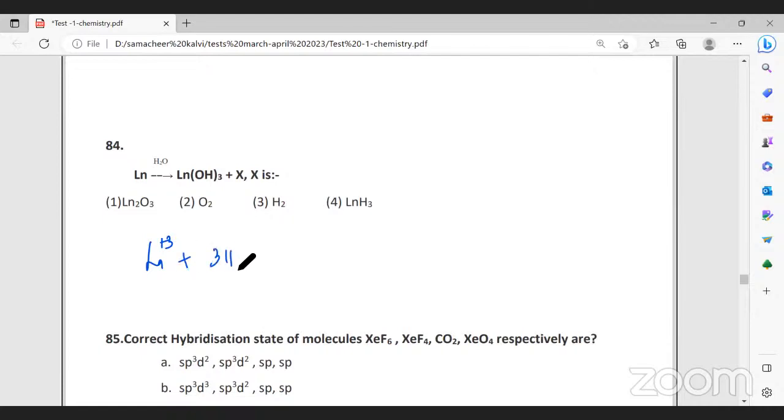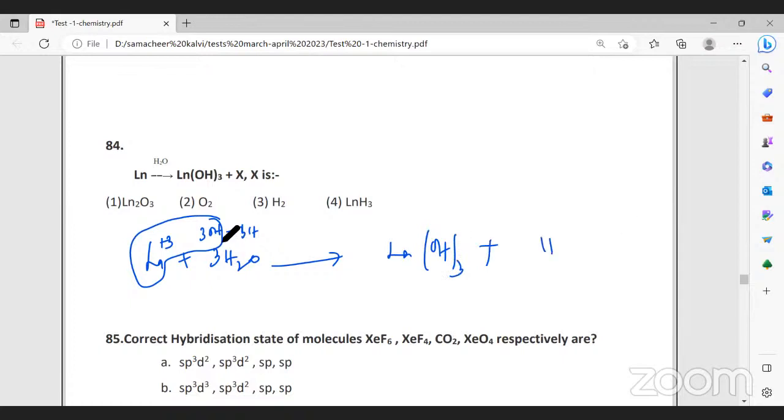When this is allowed to react with 3 water molecules, water we can write as OH and H. So we get lanthanum hydroxide, giving you hydrogen. 3 hydrogen is not possible, so you need to balance the equation. 2 and 6. So you get 2 moles of this and 3 moles of this. So hydrogen gas is liberated. X is hydrogen. Therefore, the answer for this question is option 3.